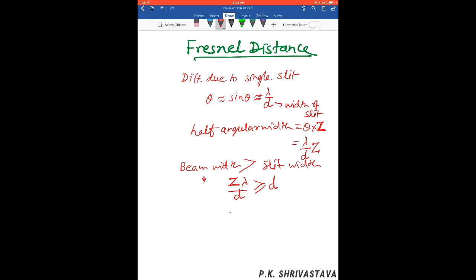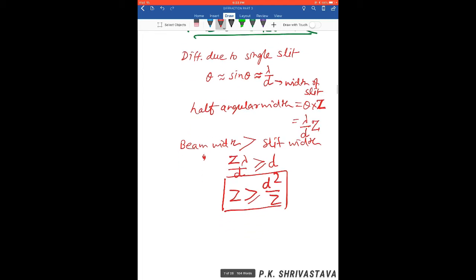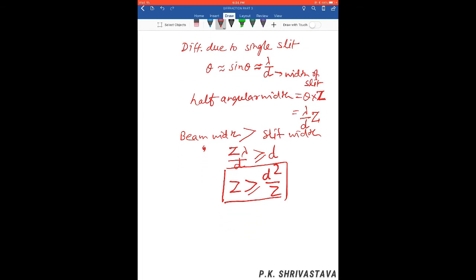From here we can write z greater than or equal to d square by lambda. This distance z is called Fresnel distance, that is Fresnel distance denoted by zf equal to d square by lambda.